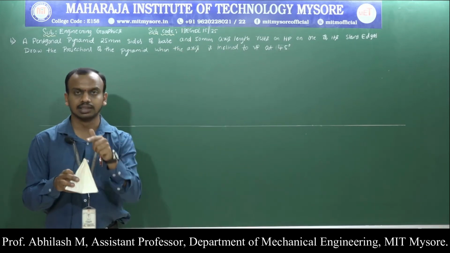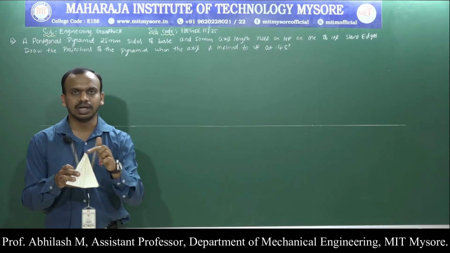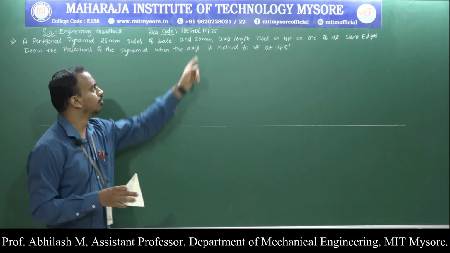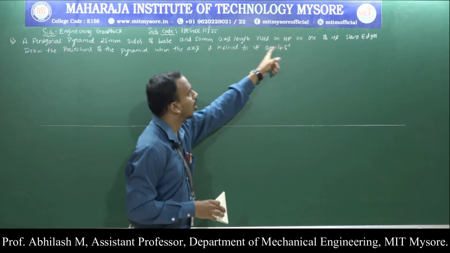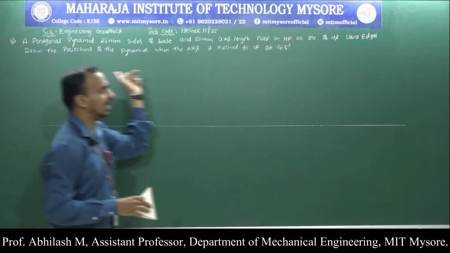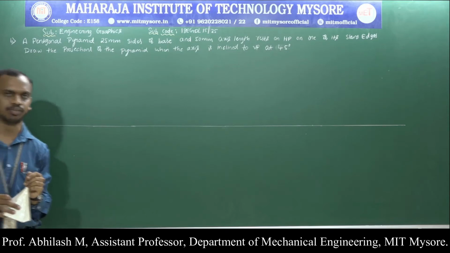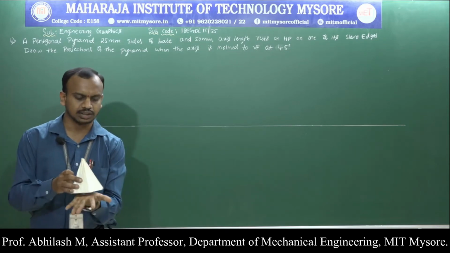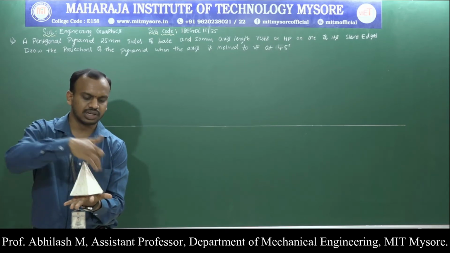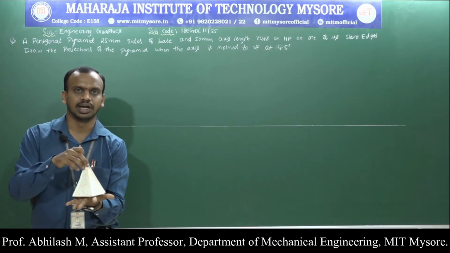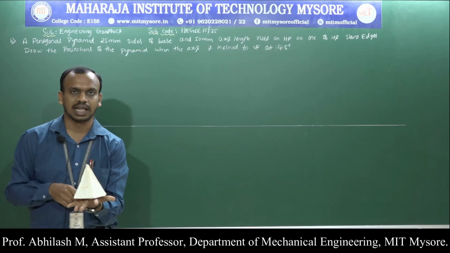So the axis length of the particular pentagonal pyramid is 50 millimeter. It rests on HP on one of its slant edges. So this becomes very important for us. This pentagonal pyramid has to rest on one of its slant edges.